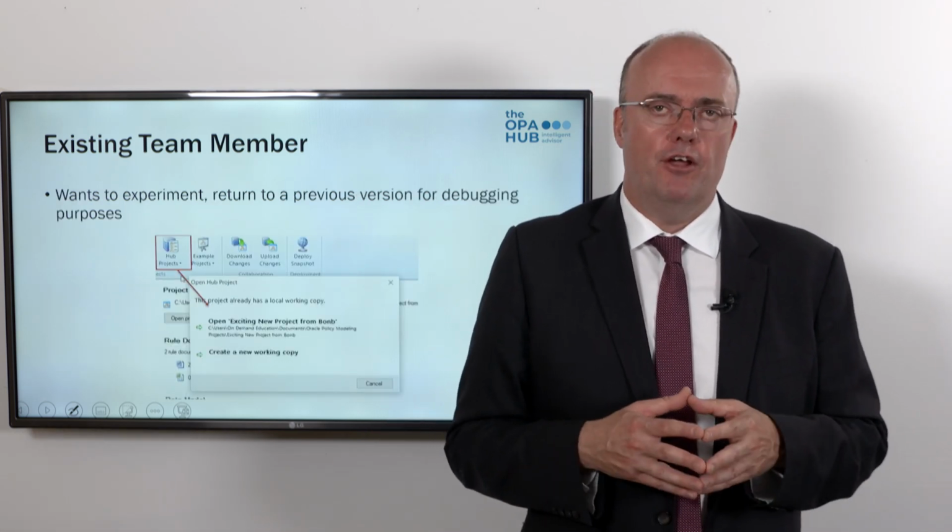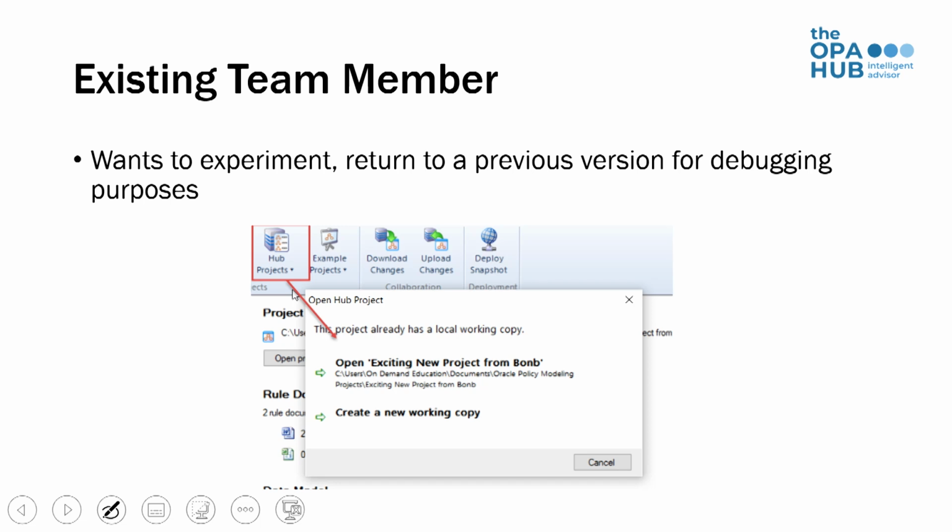The fourth scenario is a happy one, but a little unusual. So I'm saying that it's not going to happen that often, but it's something that you might see now and again.